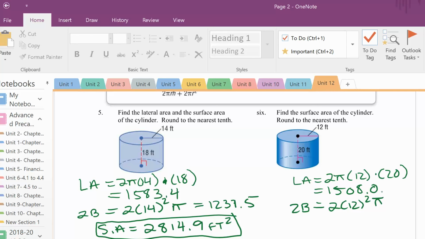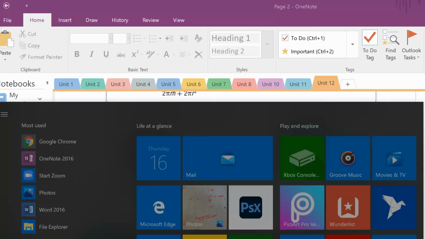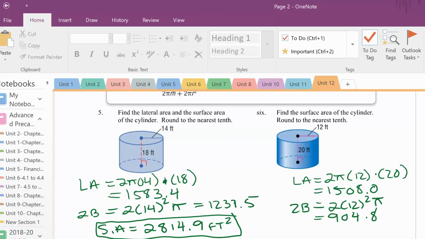So 144 times pi times 2 is 904.8. So 904.8 plus 1,508 gives you 2,412.8 square feet. That's the total area of the cylinder.